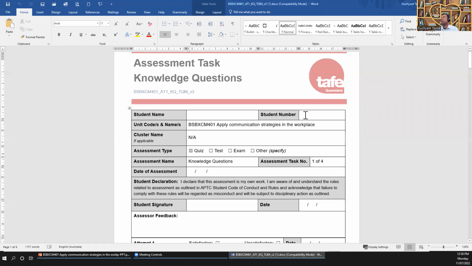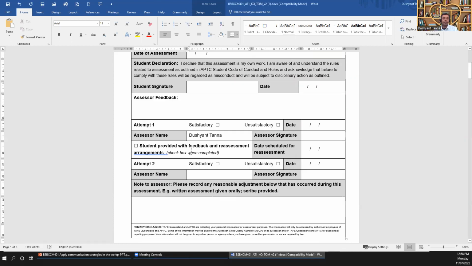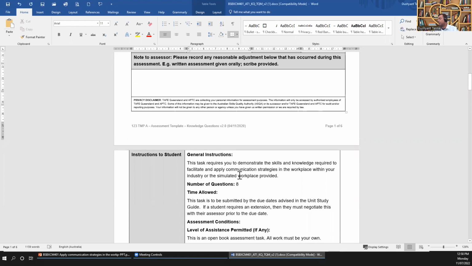That's where you put your name, your student number, the date you are submitting, your signature, and the date you are signing. That's a basic thing which we have been doing for the past 6 units.